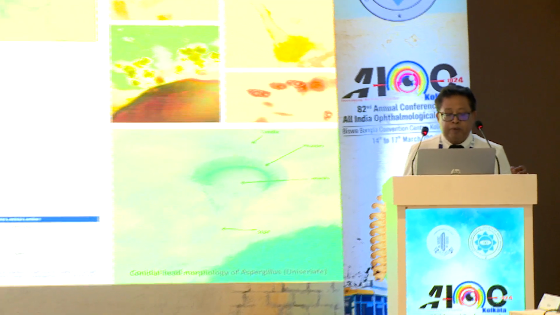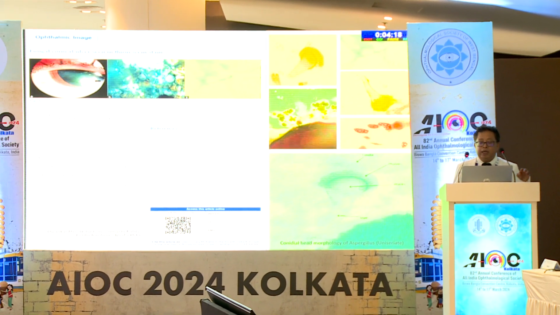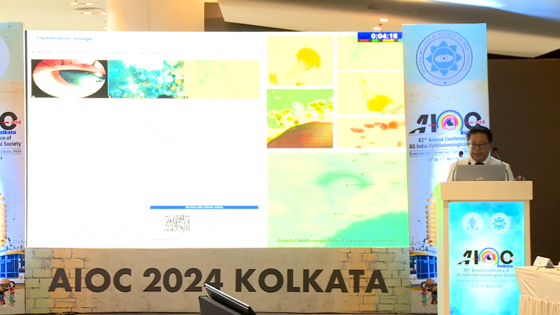We know from earlier the corneal ulcer, which is a dry-looking corneal ulcer, and we usually do a scraping, and what we published previously was the corneal ulcer stained with in vitro fluorescent stain.